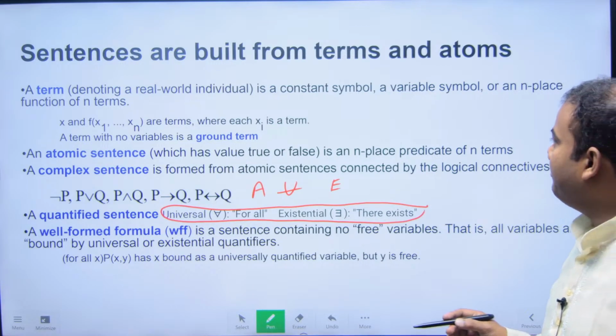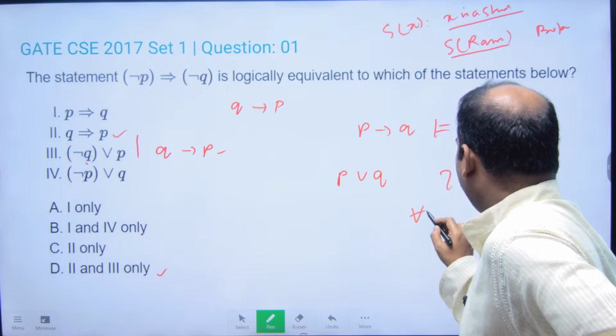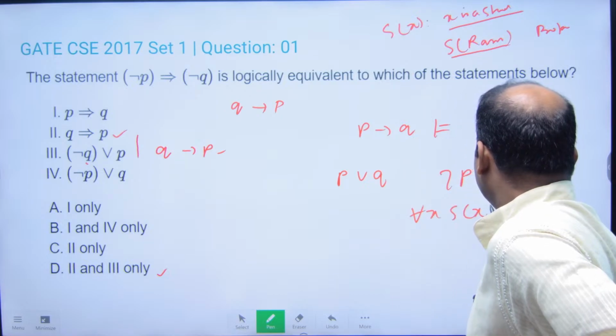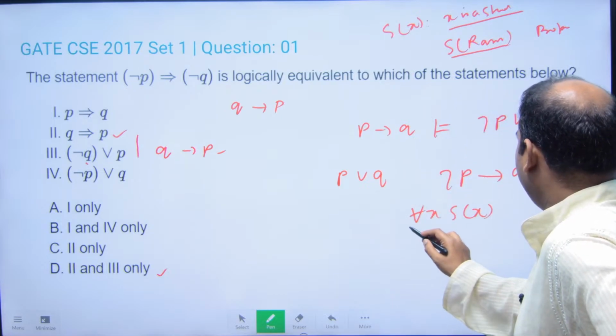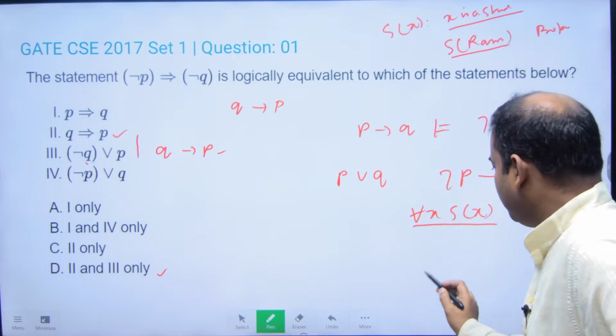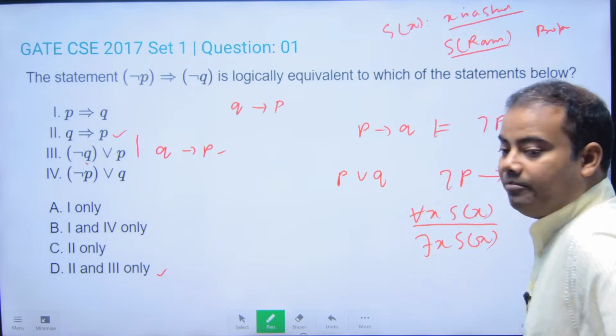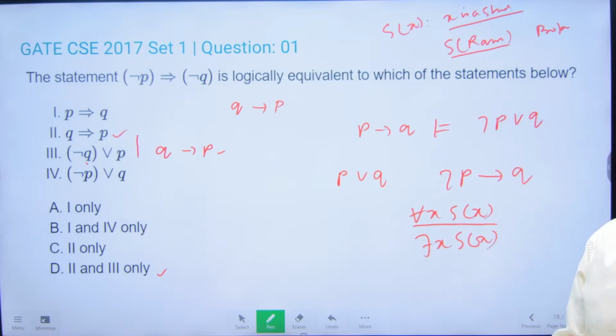Okay. For example, if I write for all x Sx, what do you mean by this statement? For every student. And if I write there exists x Sx, it means for at least one student. Okay.